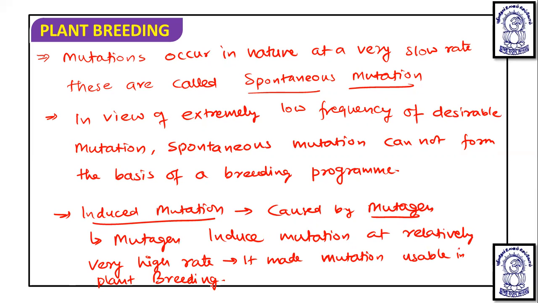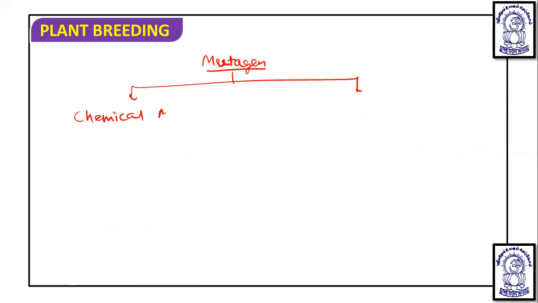The mutagens which cause induced mutation are of two types: chemical mutagens and physical mutagens.